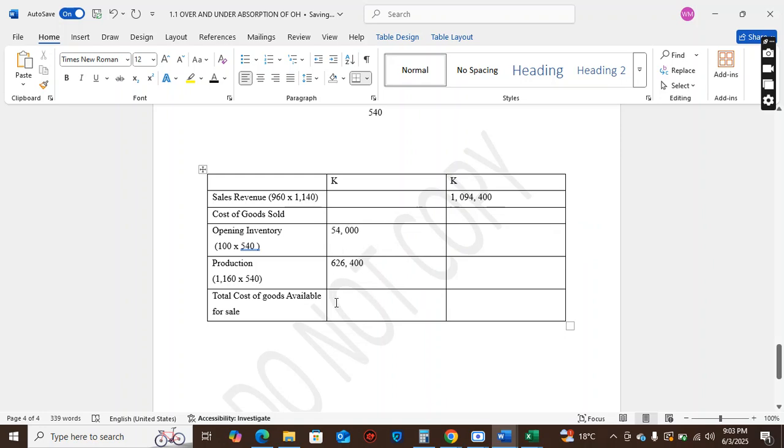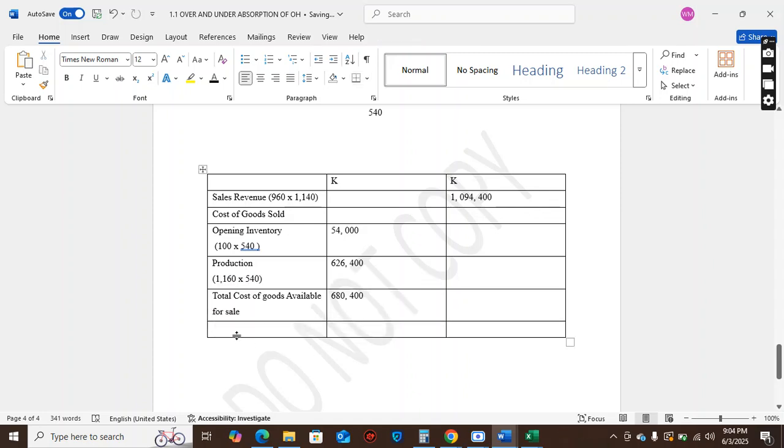We add these two. That gives 680,400. So that is the total cost of goods available for sale.